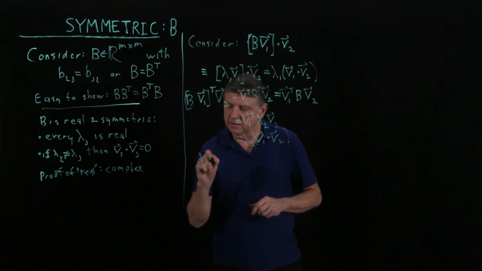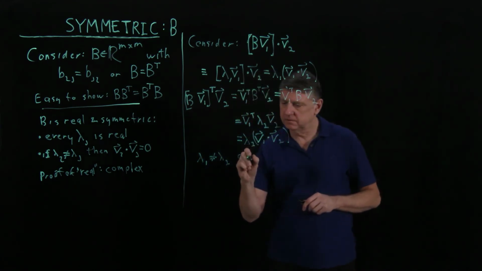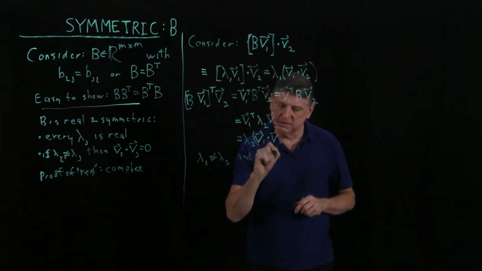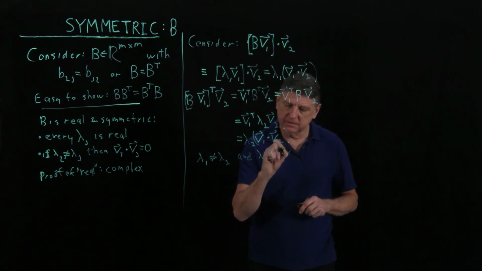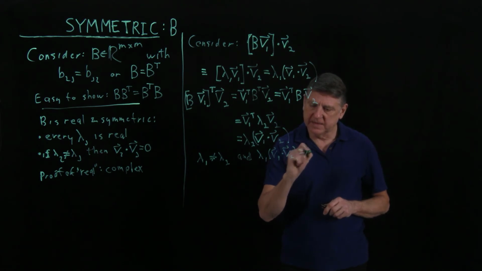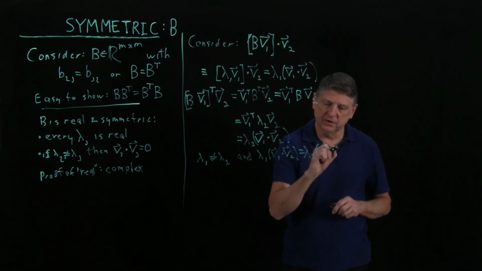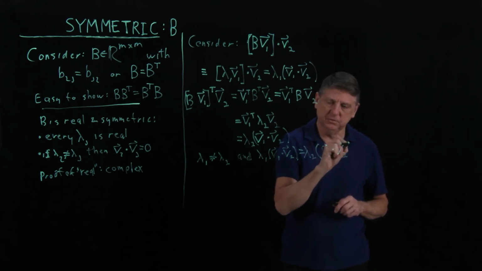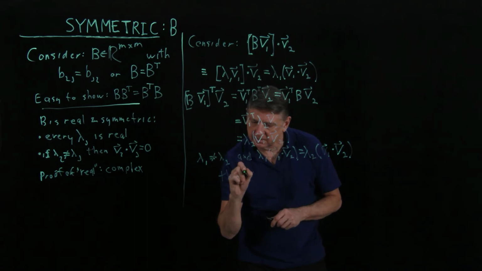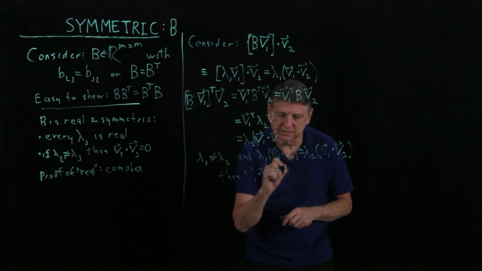So lambda 1 not equal to lambda 2, and if we have lambda 1 times V1 dot V2 equals lambda 2 times V1 dot V2, then V1 dot V2 equals 0.